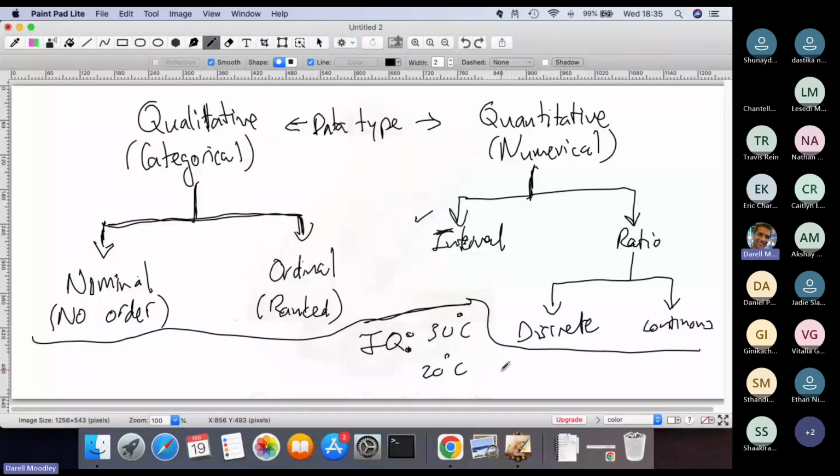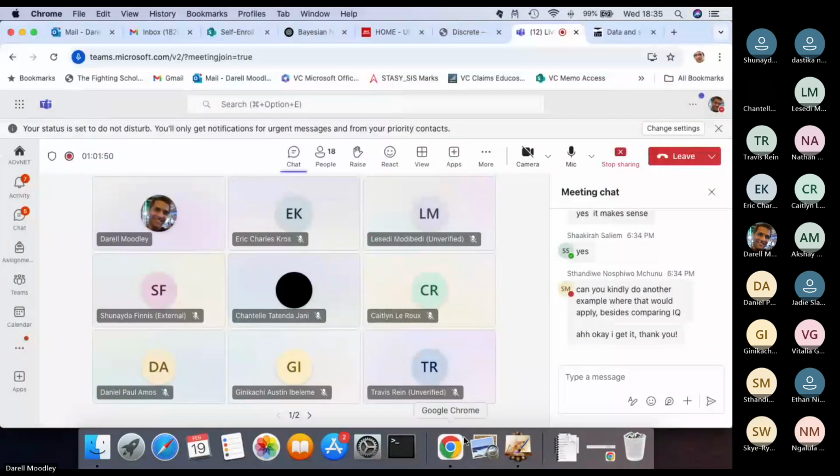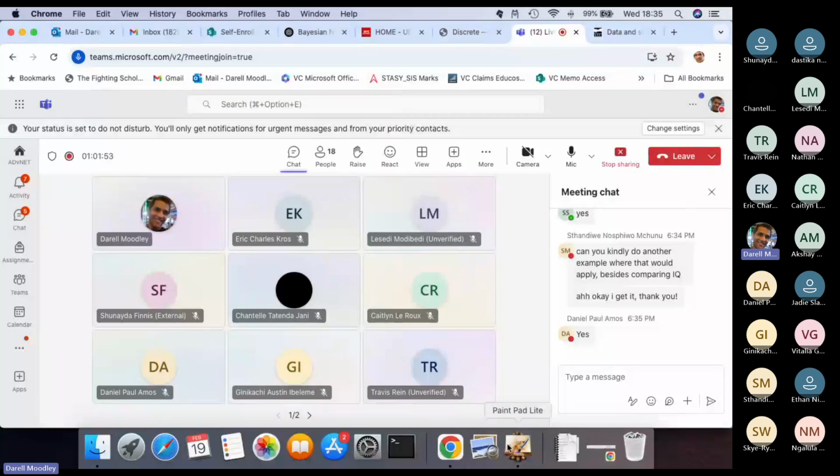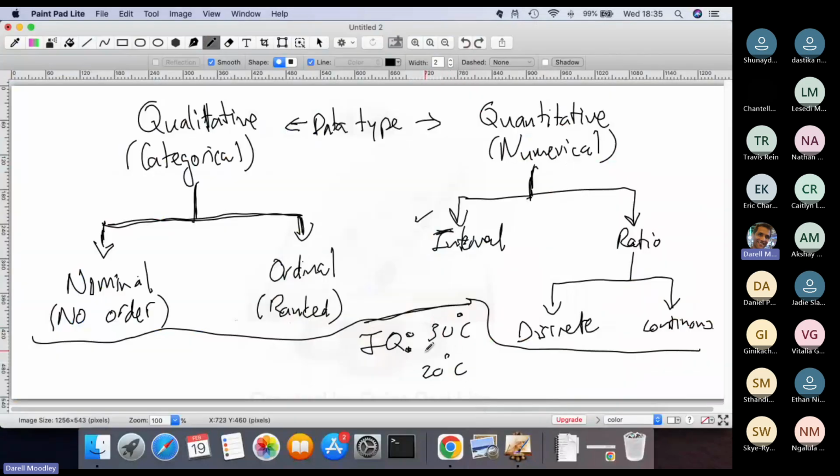And you get 10 degrees Celsius. But the ratio doesn't make sense. So if you divide them or multiply them, 20 times 30 doesn't really make sense intuitively. Does it make sense? Okay, fantastic. All right, so that is interval.